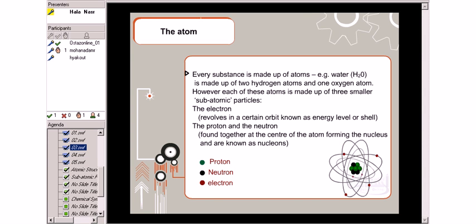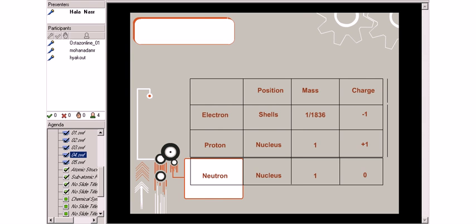It's the sun and the planets revolving around it. That's so good. Excellent. So the same way here, but it's really small in size. The atom has the protons and neutrons at the center of it, and the electrons are like the planets. They are revolving around the nucleus in certain orbits.